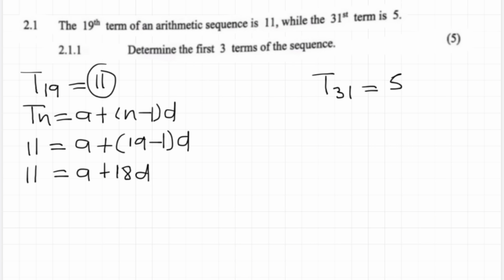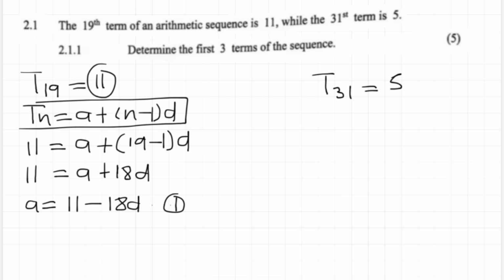Then we can make a the subject of the formula. So a is equal to 11 minus 18d. We can call this equation 1. We need to do the same thing on the other side.